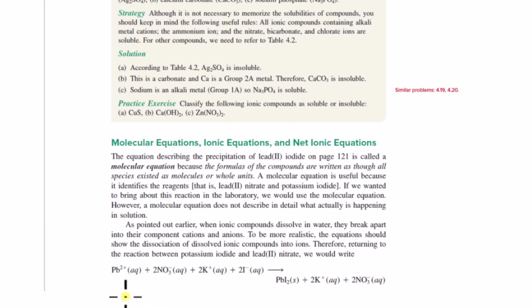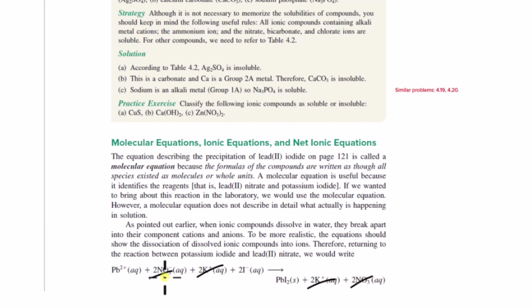As opposed to the lead 2+ cations and the iodide anions, they started off dissolved in the solution, but then a chemical reaction took place. Now it's PbI2. So these actually took part in the precipitation reaction that we're studying here. And so that's why they're calling these ions spectator ions. They're the same on the reactant side and on the product side, so you can cancel them.